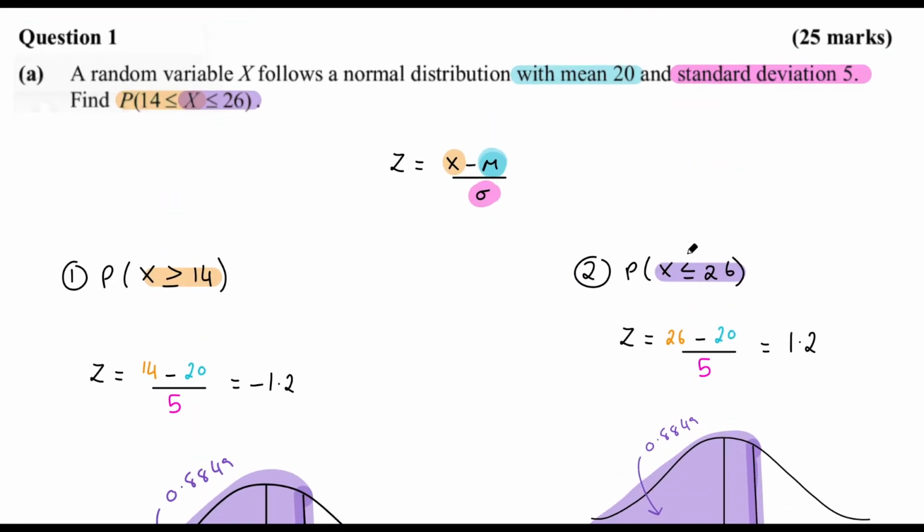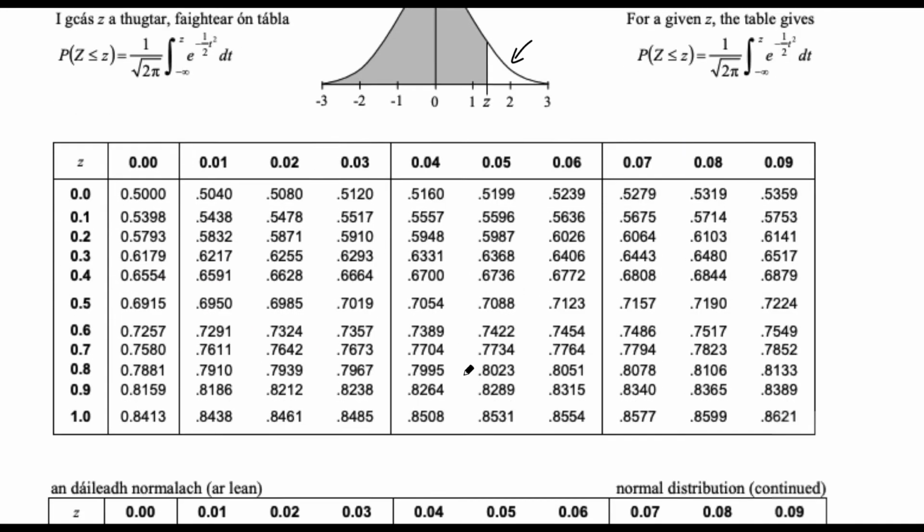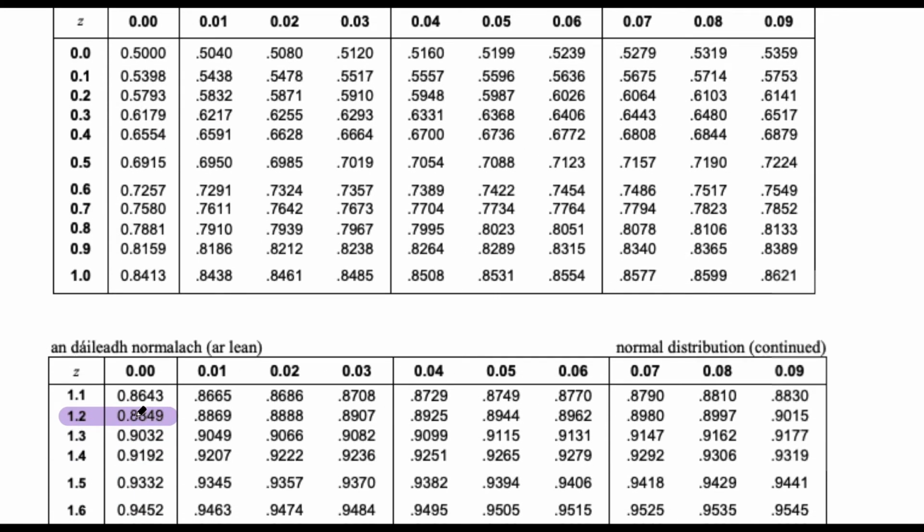The second part, we're going to run through the exact same thing. The probability that x is less than or equal to 26 in this case. So I fill in 26 minus 20 divided by 5. 26 minus 20 is 6, divided by 5 is 1.2. Our z-score is 1.2. So we go to the log tables, we go to 1.2, there it is, 0.8849.